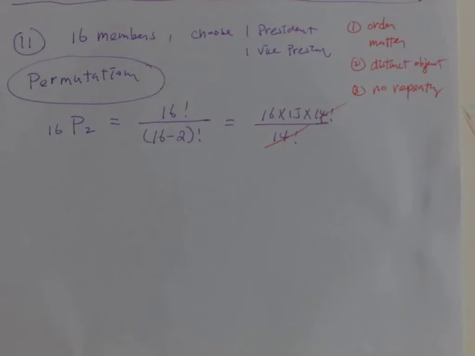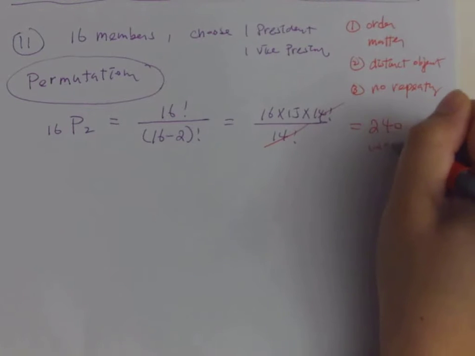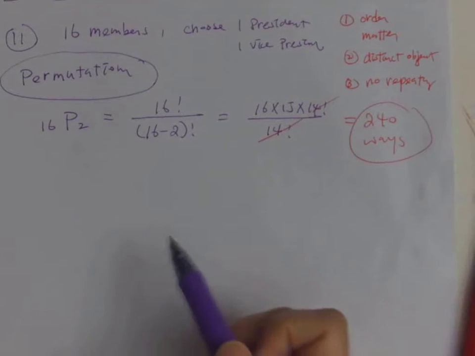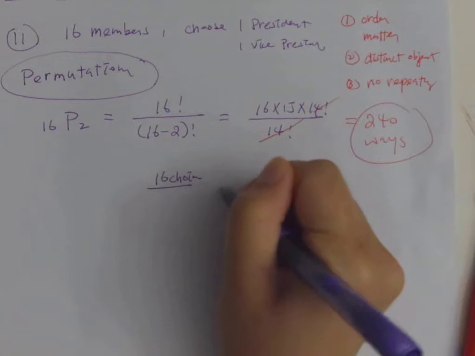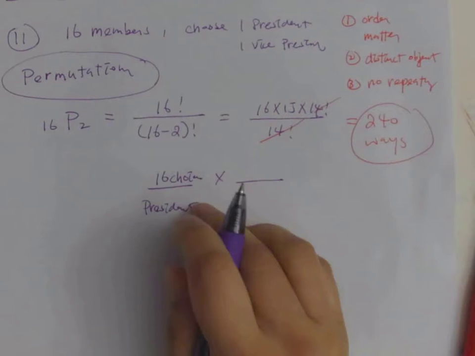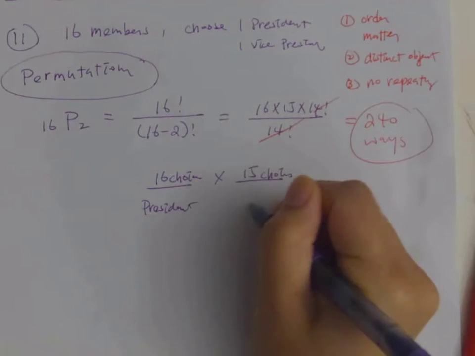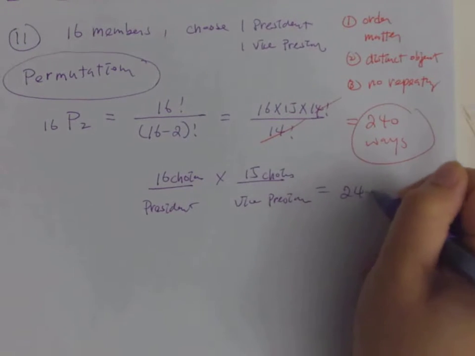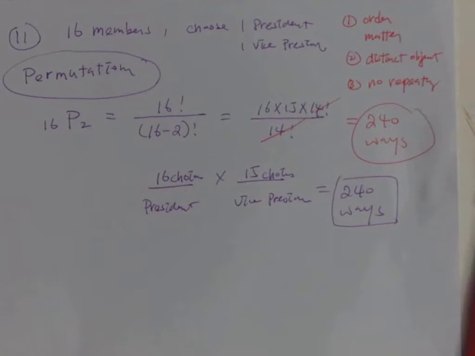What is 16 times 15? It's 240 ways to choose those 2. If you understand this perfectly, you can also say I have 16 choices at the beginning for the president's position, and after I pick a president, I only have 15 more members to choose from for the vice president. So together it's also 240 ways. Either way would be okay to calculate the answer. Hope that makes sense.